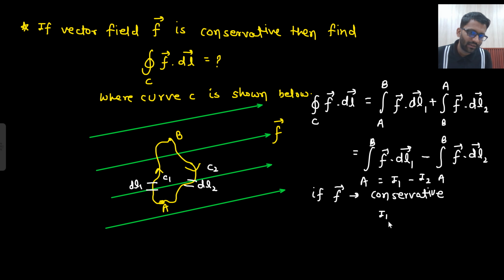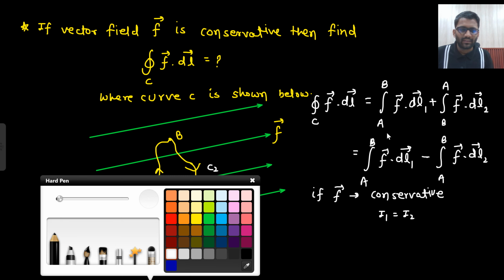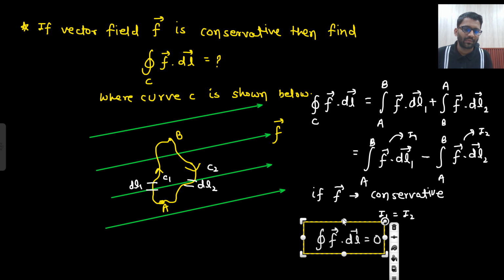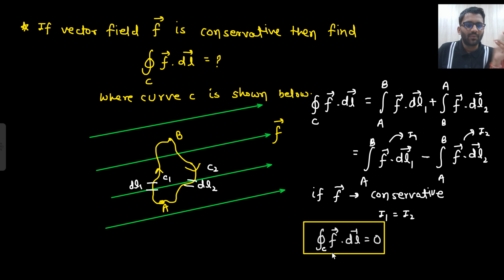Then I1 will be equal to I2. So if it is conservative, then I1 is equal to I2, and then what will be your F dot dl? 0. Say yes or no. So if my vector field F is conservative, then my closed line integration is 0.